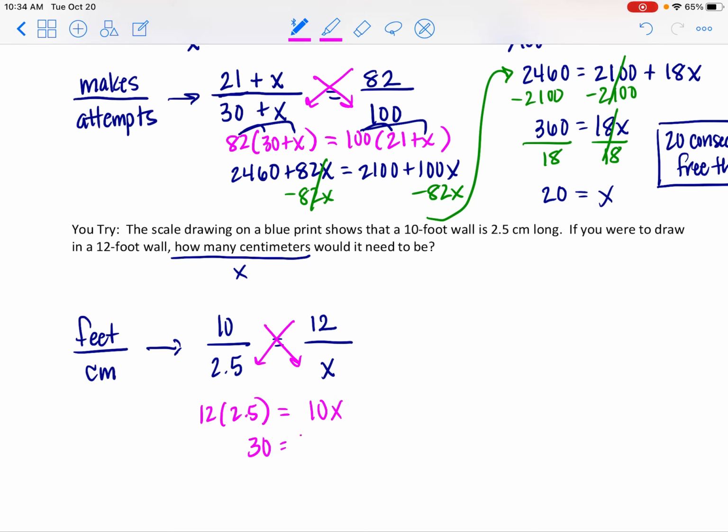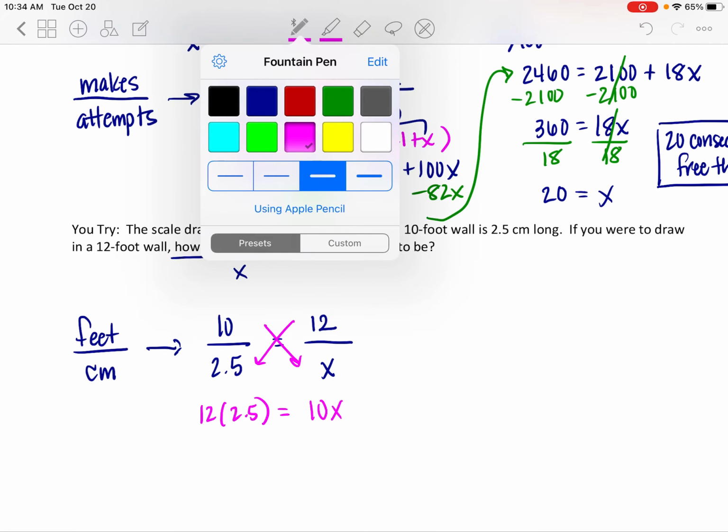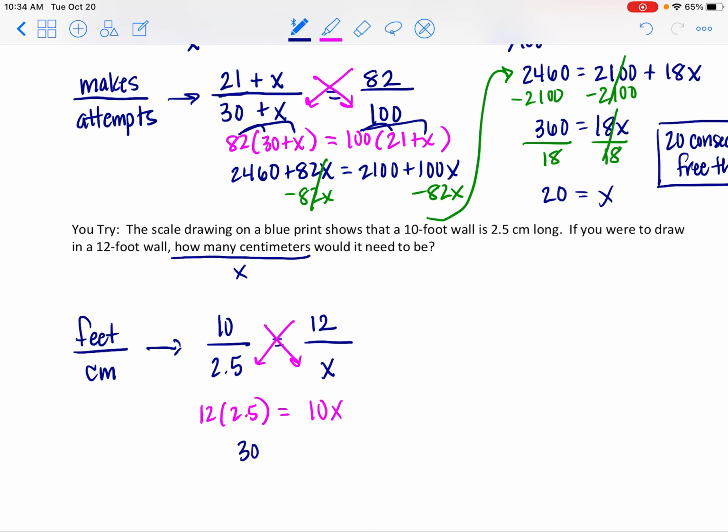So if 30 is equal to 10x, then when I divide over the 10, I see that x has to equal 3. So if x equals 3, that means that that 12-foot wall is going to be 3 centimeters.